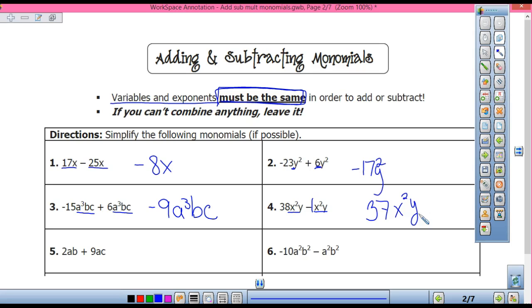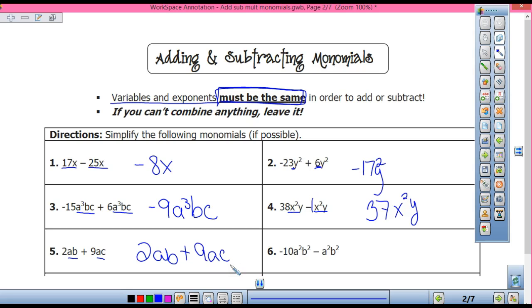Alright, so now we're looking at number 5. I've got AB and AC. Are they the same? No. So can I combine them? No. So I just have 2AB plus 9AC, because I can't combine. So be careful if they're not exactly the same.